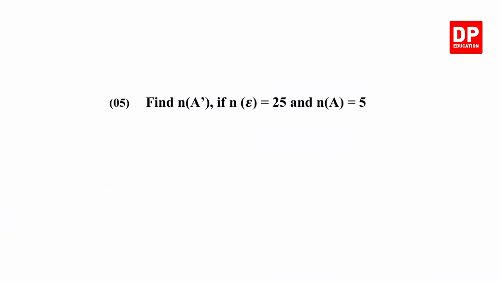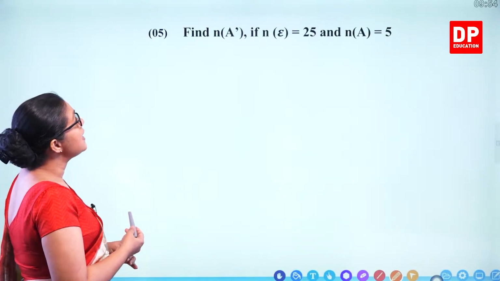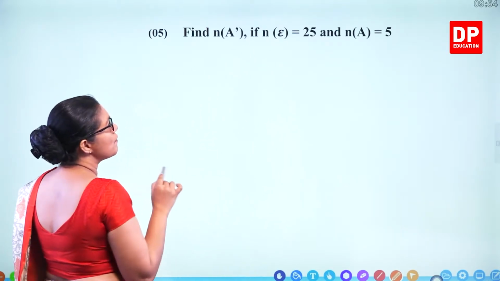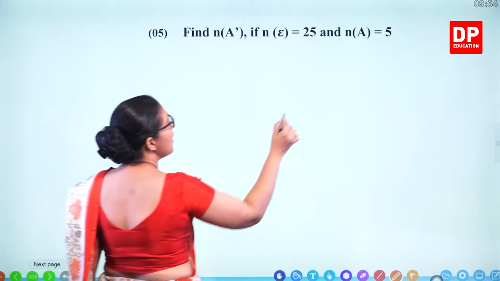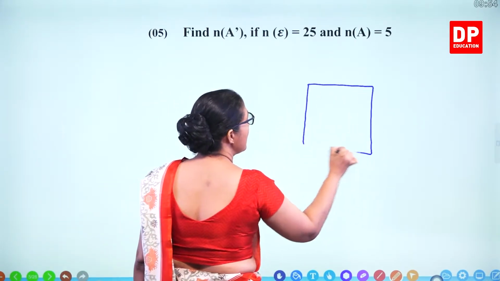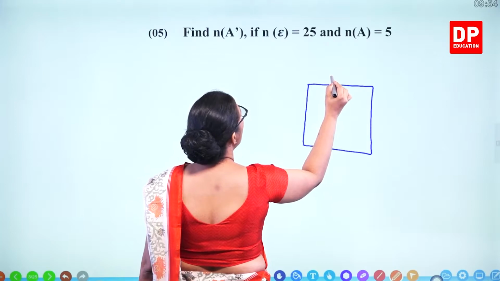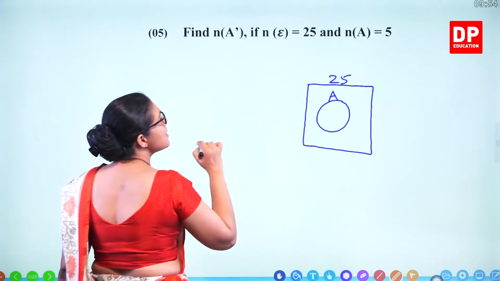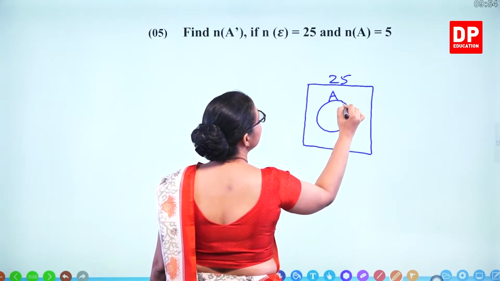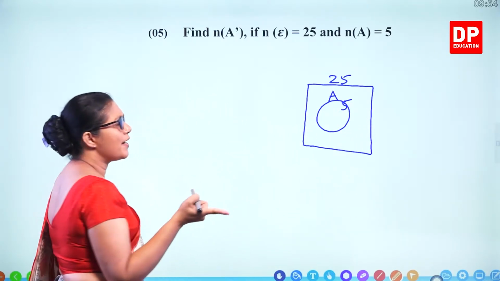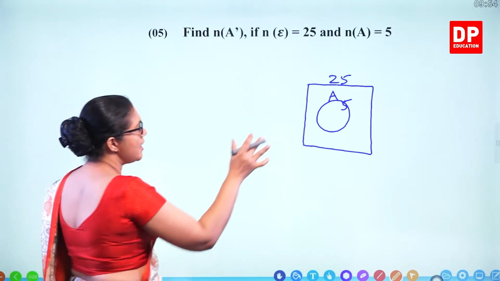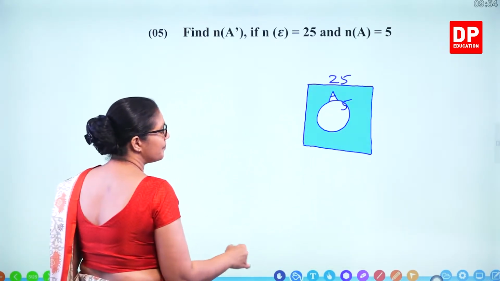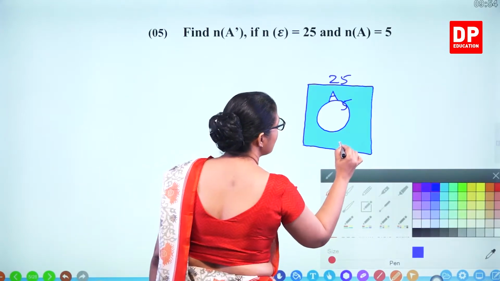Question number 5. Find n(A dash) if n(epsilon), the whole thing, is 25 and n(A) equals 5. So that means when you draw the Venn diagram, the whole thing is 25 and A is a set. This is 5. So how do you find out n(A dash)? A dash means outside this. So here, this part. That's A dash.